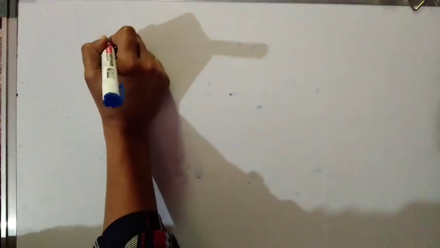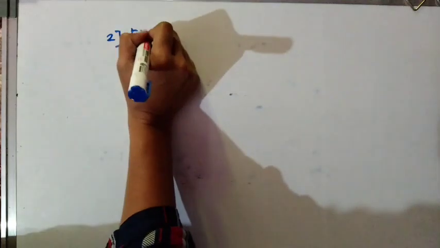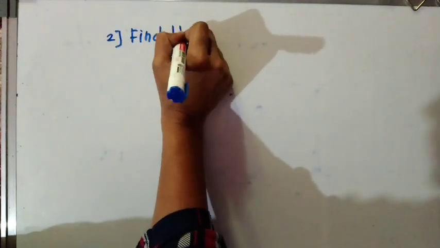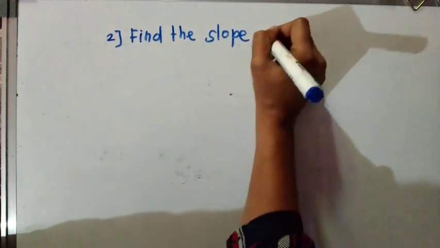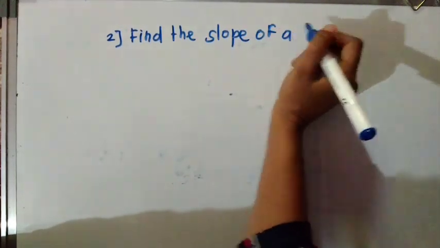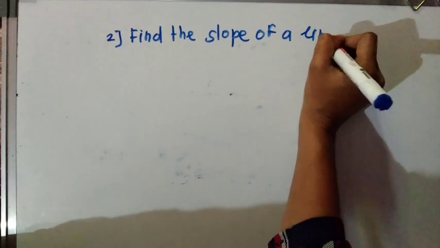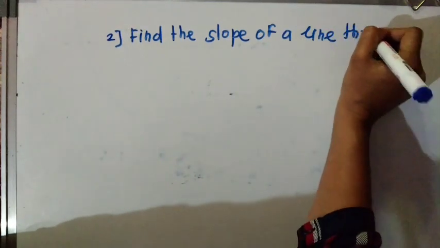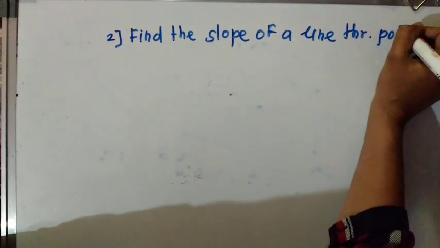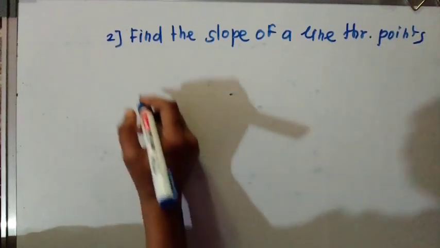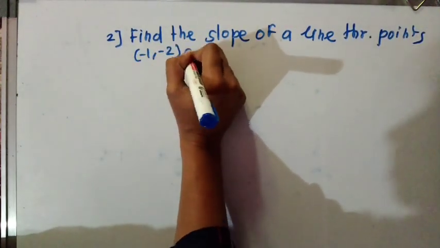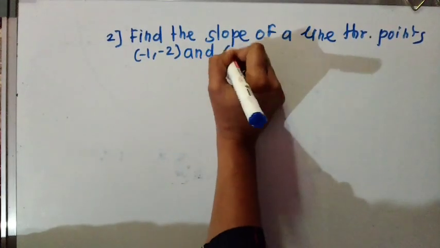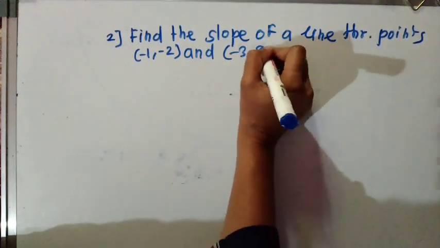Then we give another example. Find the slope of a line through points (-1, -2) and (-3, 8).